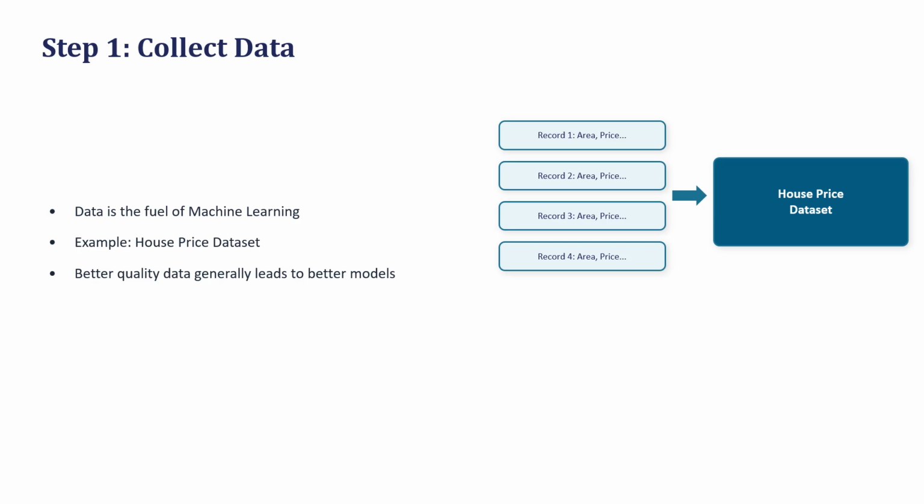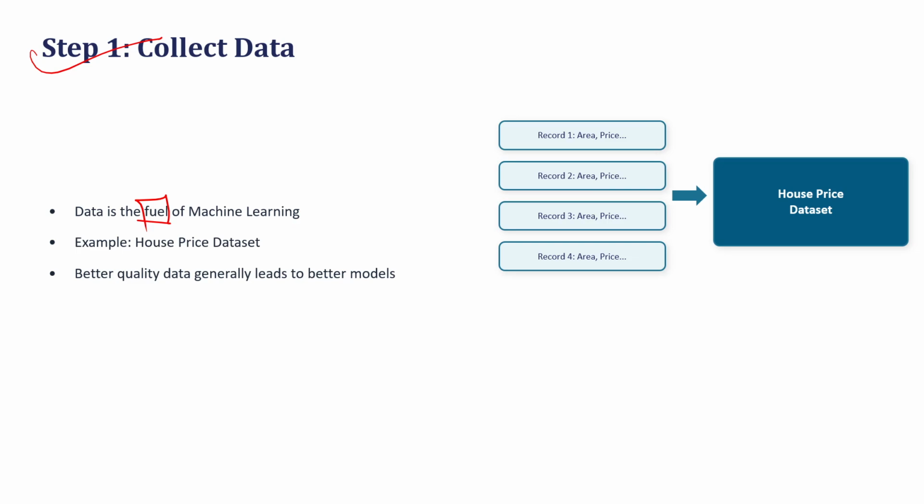So step one is collection of data. In machine learning, data acts as fuel. The most important thing in machine learning or AI is quality data. Quality data means how much coverage it has of the real world.